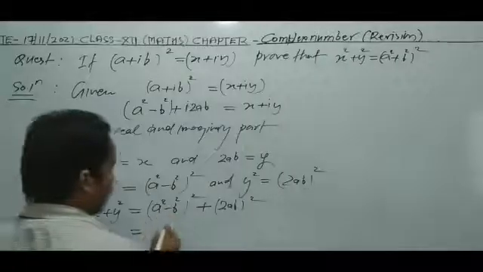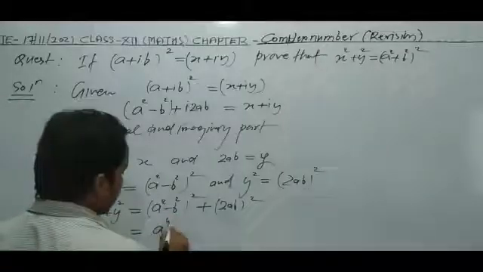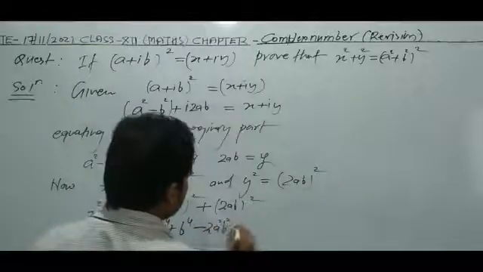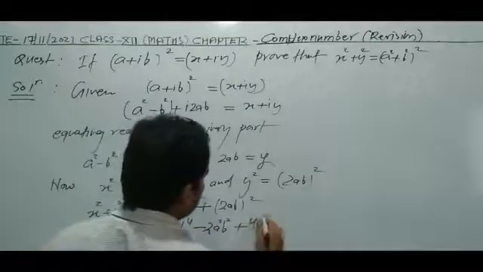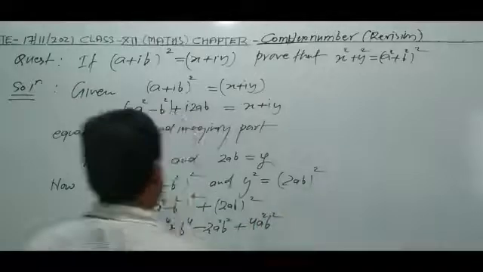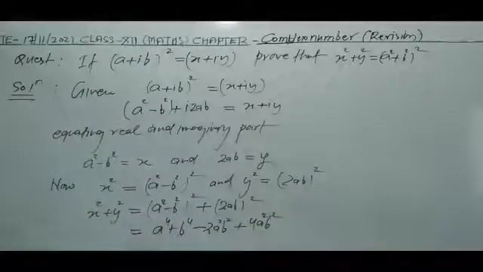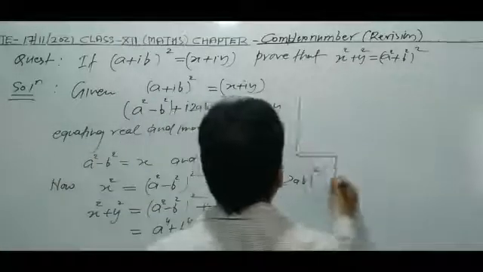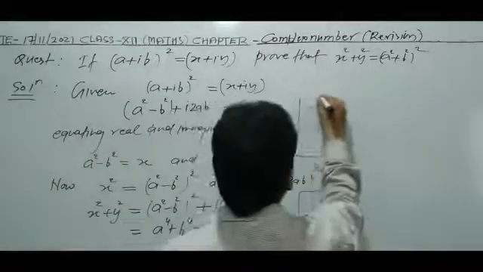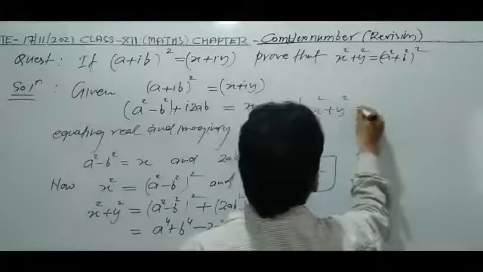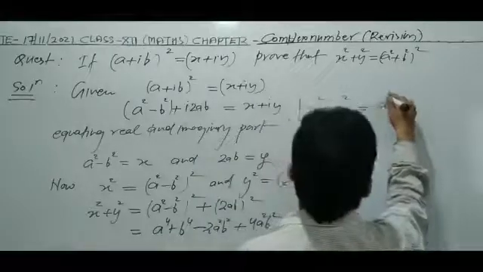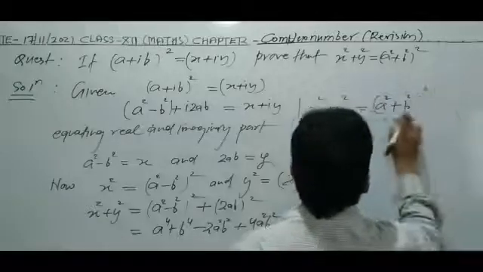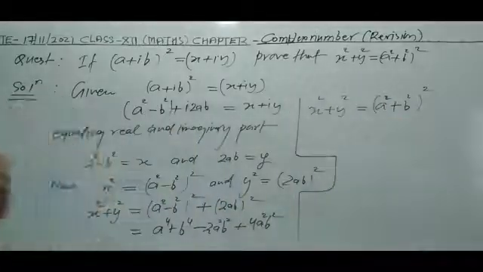Now this one we can write a to the power 4 plus b to the power 4 minus 2a square b square plus 4a square b square. The result will be x square plus y square is equal to a square plus b square whole square.